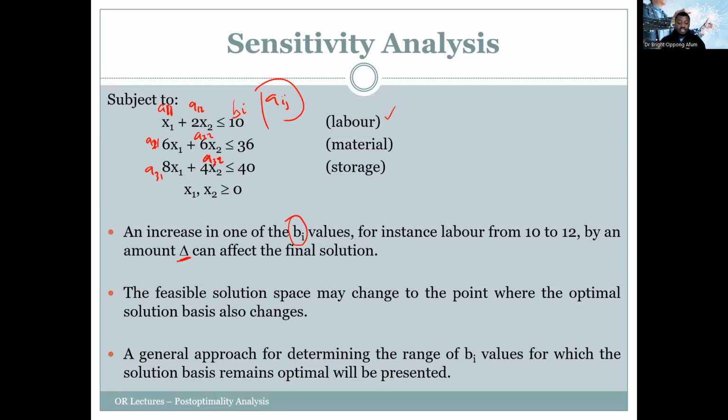So the Z value can change to the extent that sometimes when it changes, it affects the strategy, that is the main X1, X2 values. So the general approach for determining the range of BI values for which the solution basis remains optimal will be presented.